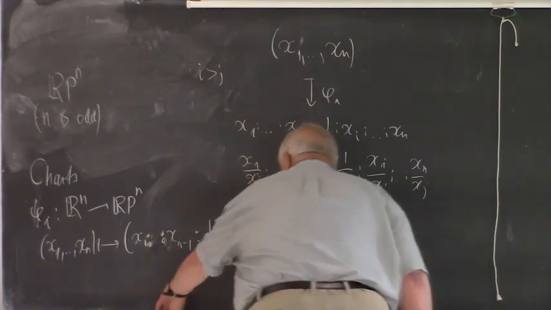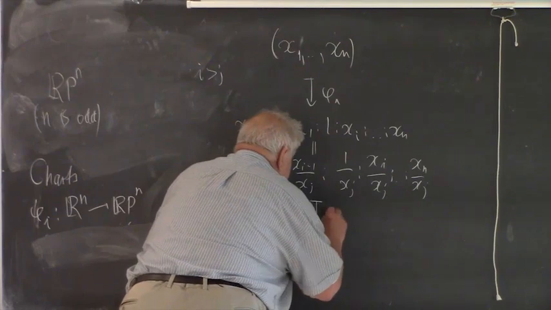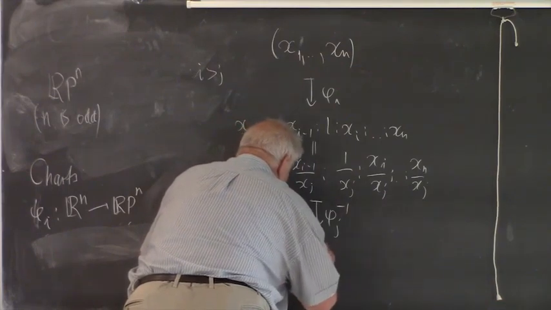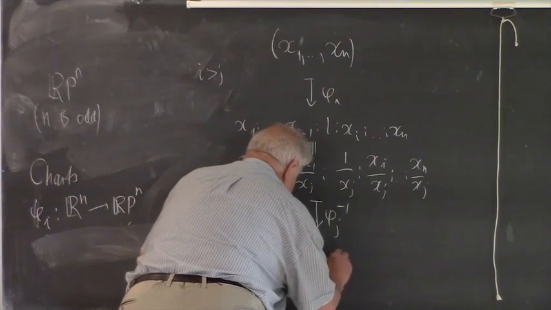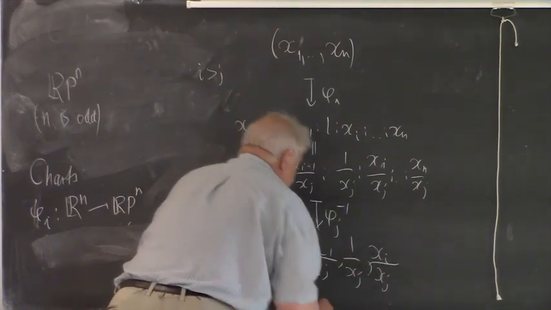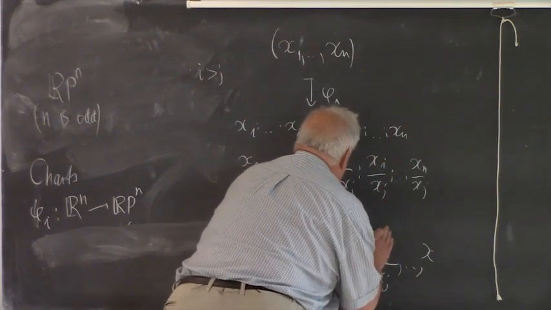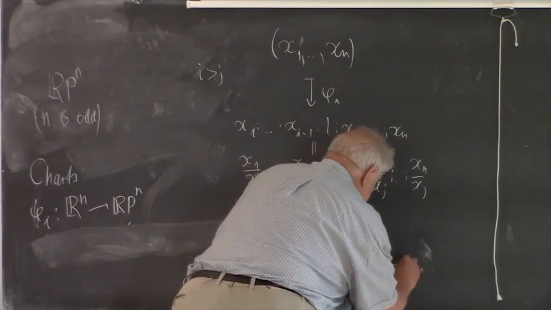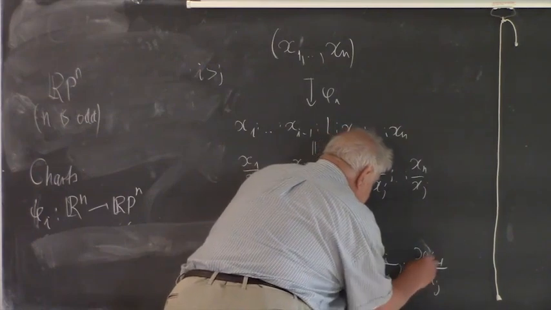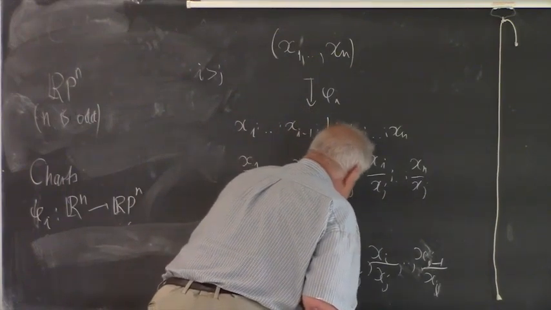Then I apply phi_j inverse, and I get again a point of R^n, where the coordinate number j is omitted. Everything I wrote is wrong because i is greater than j, so let me write it again.